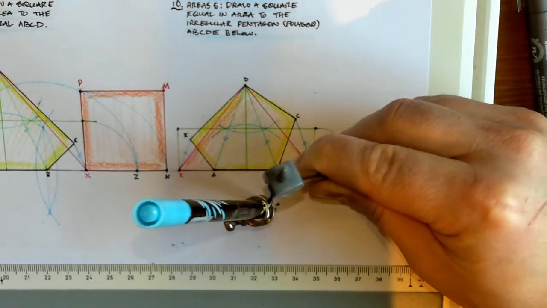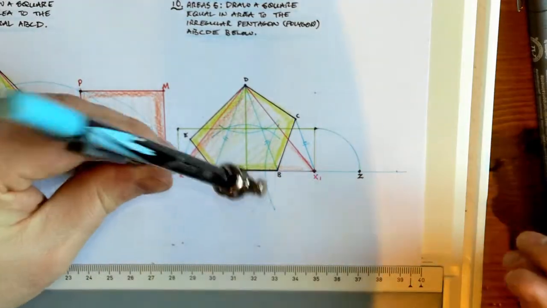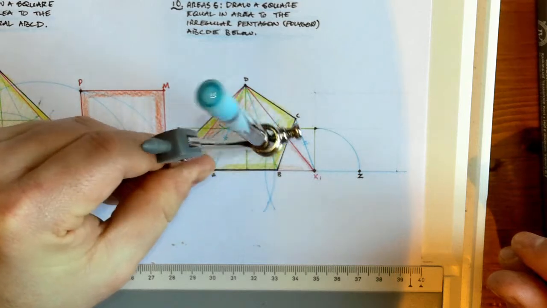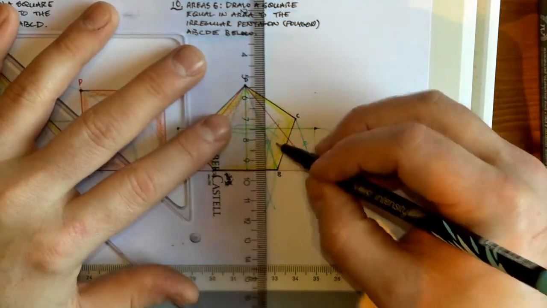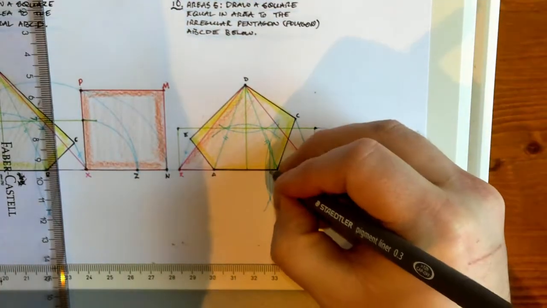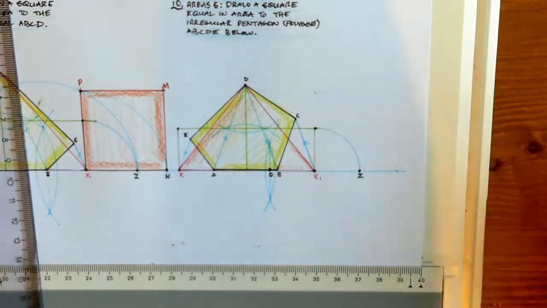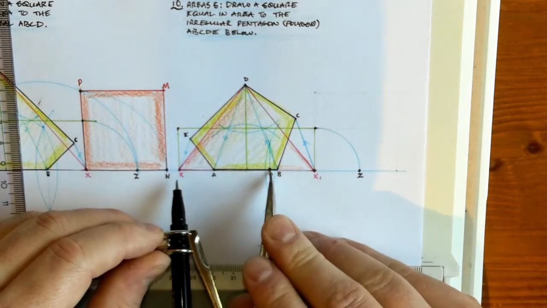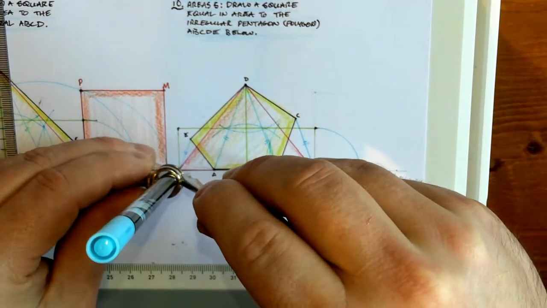Swing an arc. Keep the same distance on the compass. Go to X, swing a second arc. Now, what I'm going to do is draw the bisector line. And that gives me this center point here. We'll just call that O. So, put the compass on point O now, which is halfway between Z and X, and swing your semicircle.